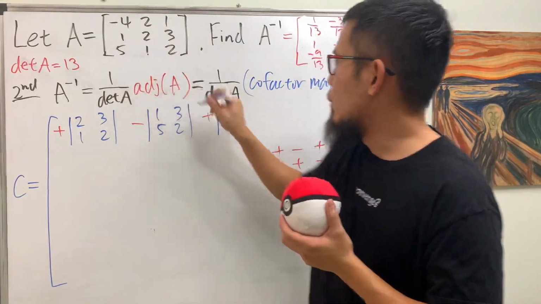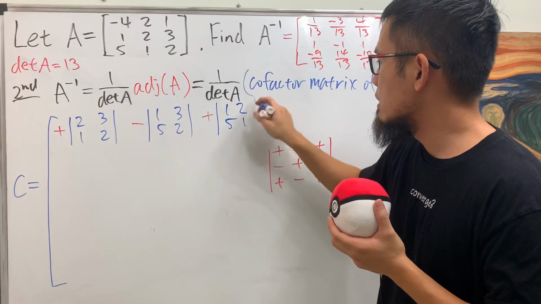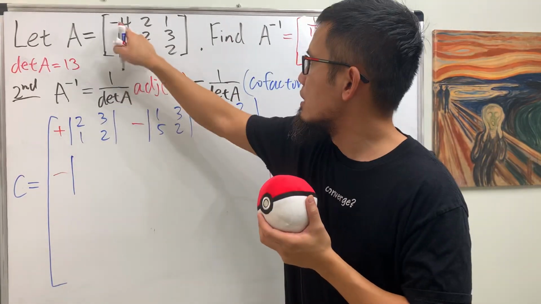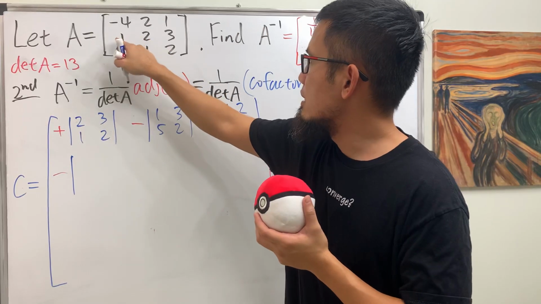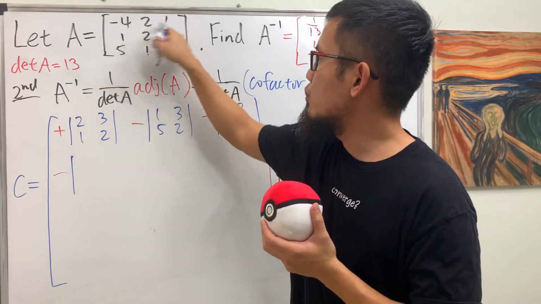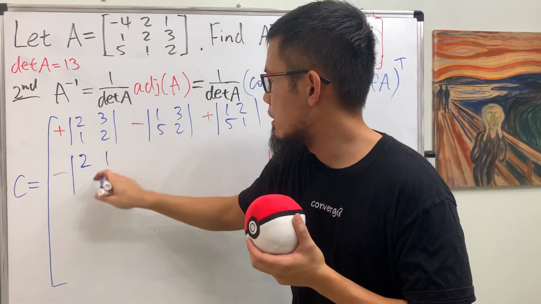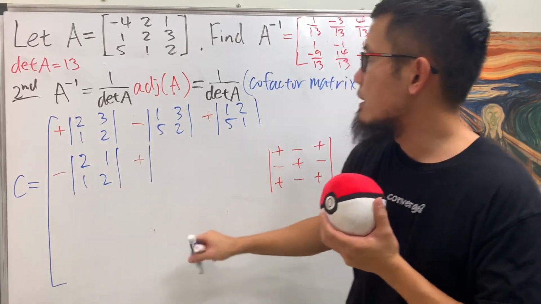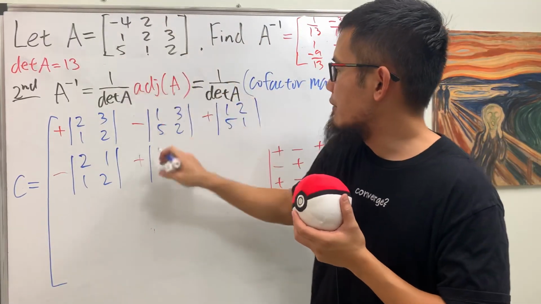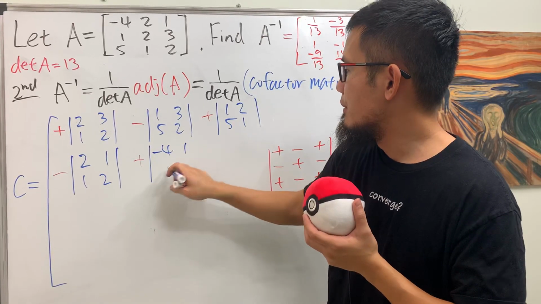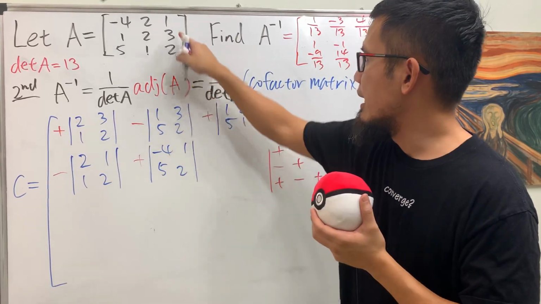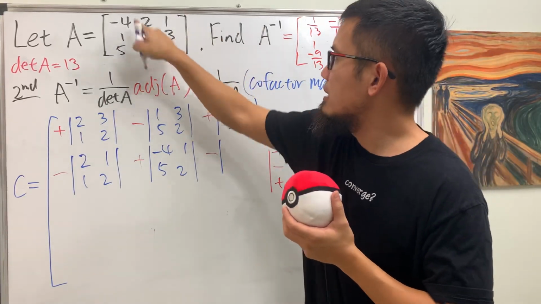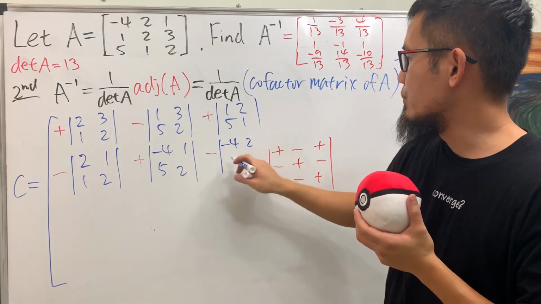Delete this, delete that, we have 1, 2, 5, 1. And then here we have minus, and then the determinant. Delete this, delete that, delete this row. So we have 2, 1, 1, 2. And then plus, and we delete this, delete that, we have negative 4, 1, 5, 2. And then this is minus, and we delete this, delete that, we have negative 4, 2, 5, 1.